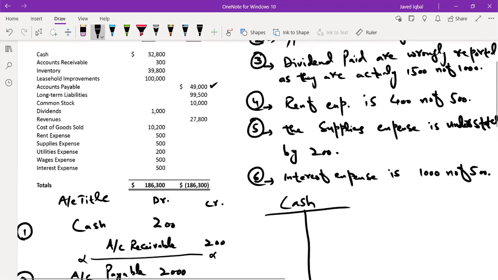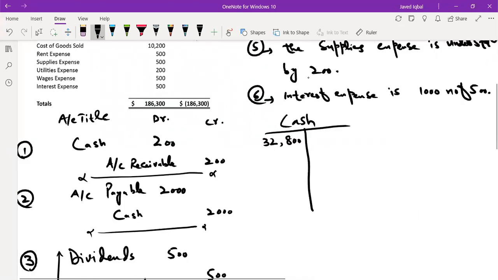Your starting cash was 32,800, and then you look at the cash elements which have affected your adjustments. This 32,800 came from the unadjusted trial balance, so I'm writing it as abbreviation UATB.